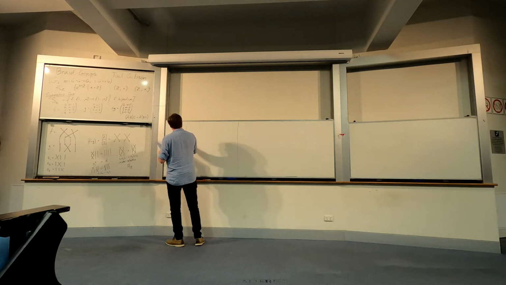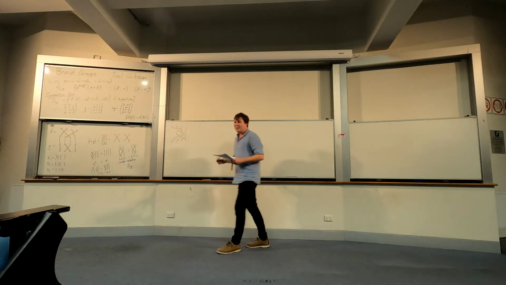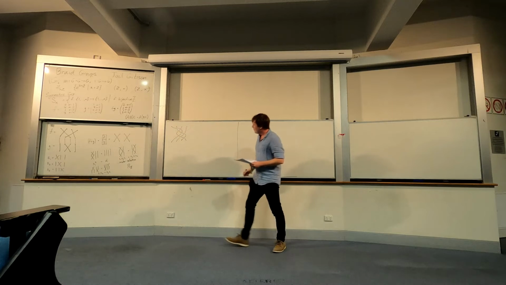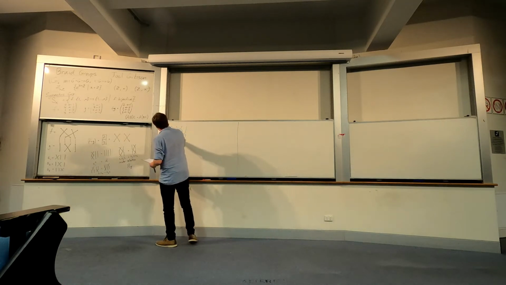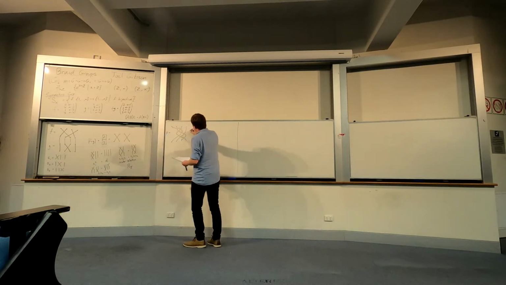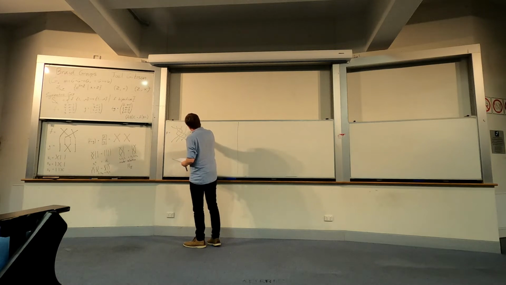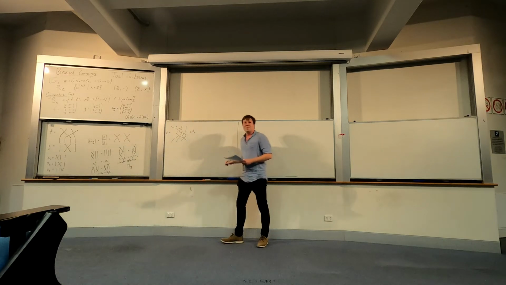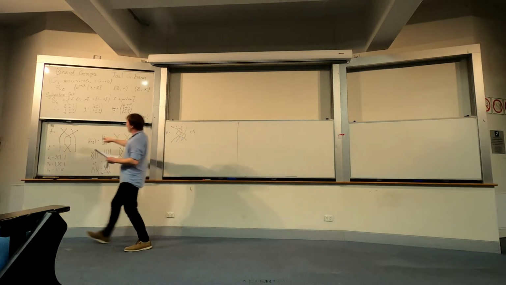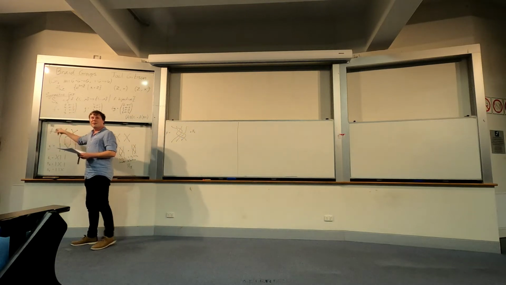And then maybe this one goes under everything over to here. So this is an example of a braid. Let's call it beta. And this is a member of the braid group on 4 strands, in the same way that this is a member of the symmetric group on 4 letters.